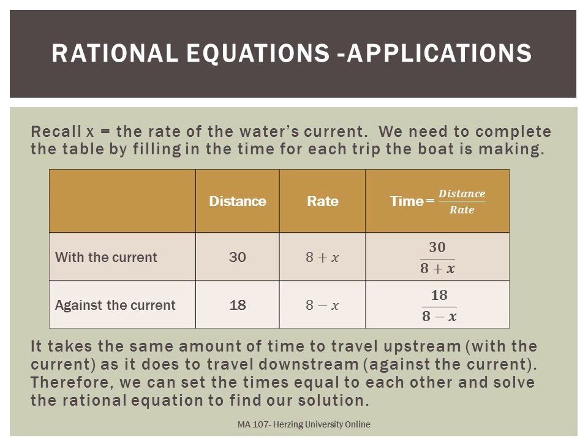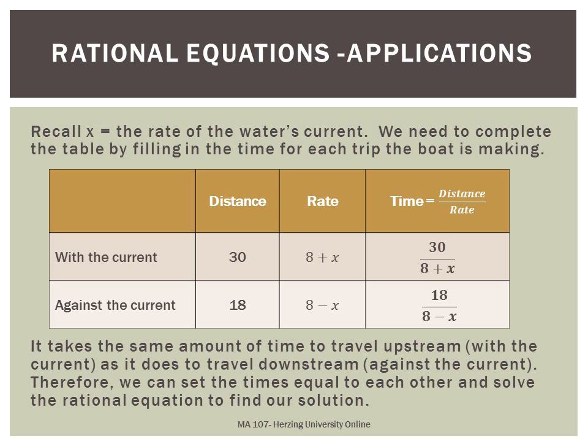Recall x equals the rate of the water's current. We need to complete the table by filling in the time for each trip the boat is making. The time of the boat going with the current can be represented by 30 divided by 8 plus x. The travel time of the boat going against the current can be represented by 18 divided by 8 minus x.